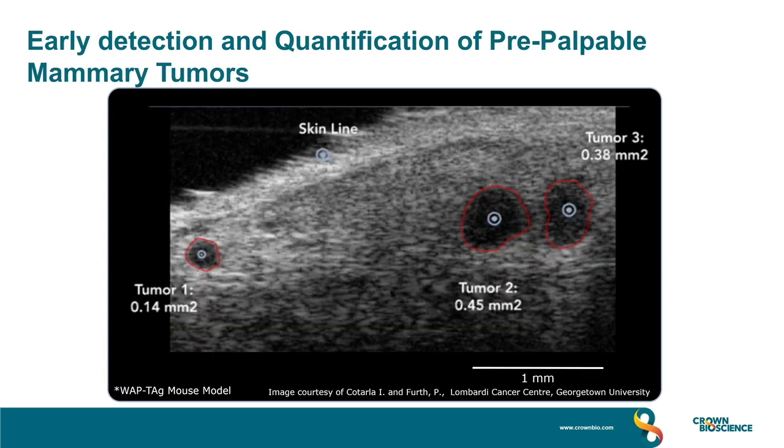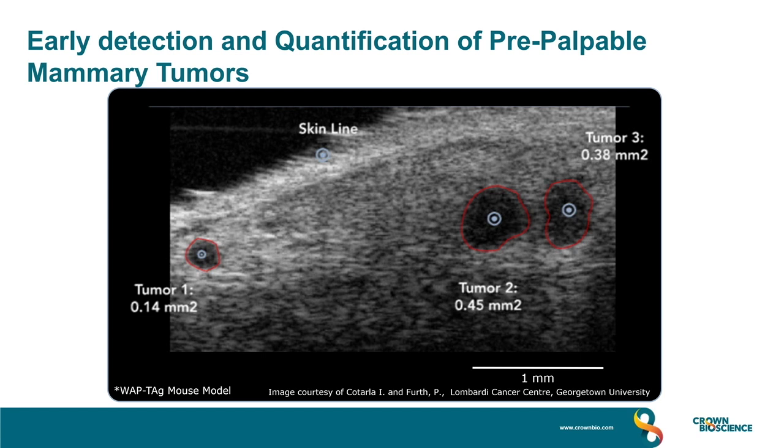Some very preliminary data, this one is from a publication. Ultrasound can detect tumors at a much smaller size. This slide showcases that tumors are detected from the pre-palpable stage. The mouse in this one is the WAP-TAG mouse.